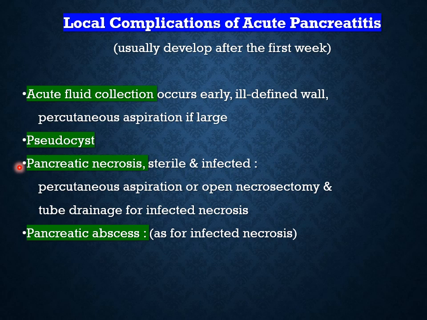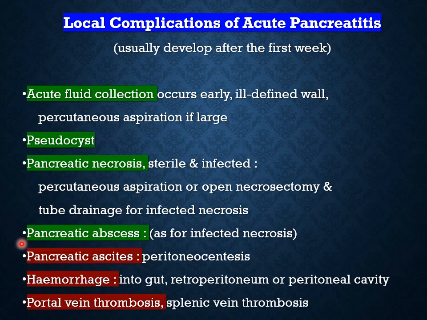Pancreatic necrosis, initially sterile, later infected to become a pancreatic abscess. Pancreatic ascites, sometimes we need paracentesis. Hemorrhage into the gut, retroperitoneum or peritoneal cavity, this is in hemorrhagic pancreatitis. And portal vein or splenic vein thrombosis, as these veins are very close to the pancreas.